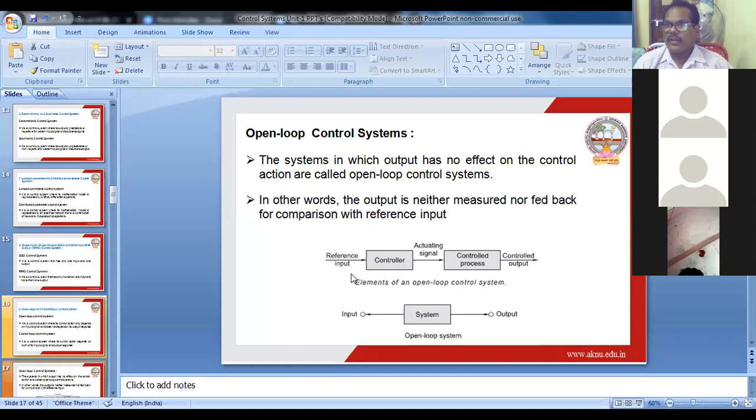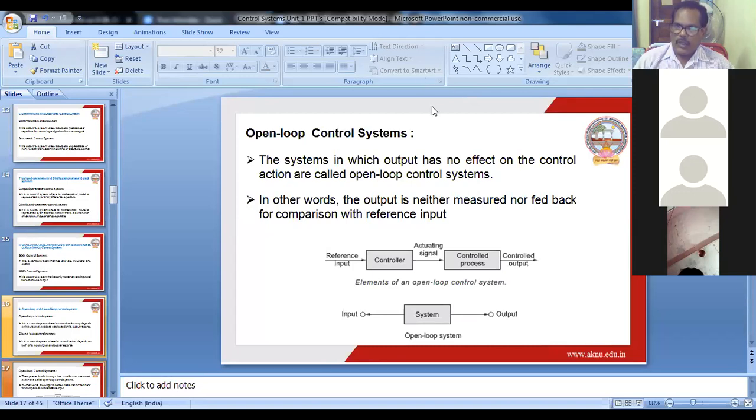So the washing machine does not control the cleanliness of the clothes, but it simply operates soaking and washing. It is not controlling how much the clothes are cleaned. That is an open loop control system. Sometimes there are closed loop control systems in washing machines also. Sometimes the washing machine is also taken as an example for a closed loop system.